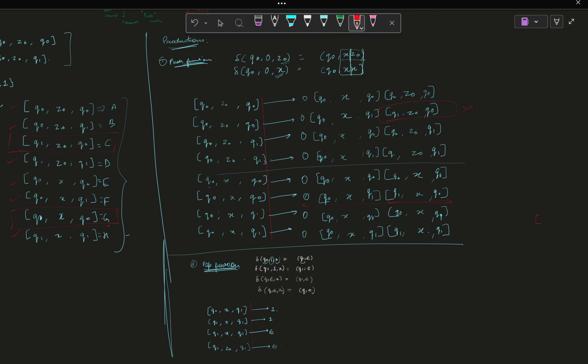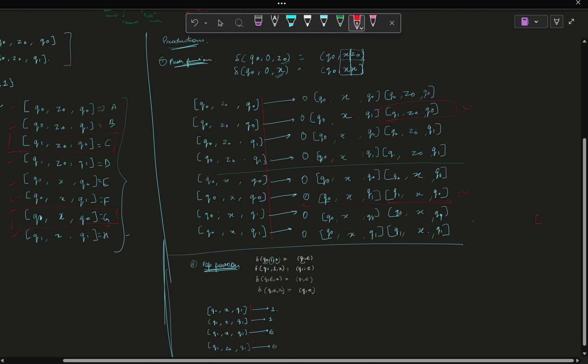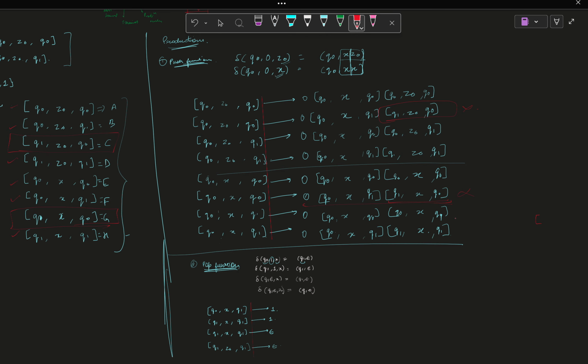Q1 X Q naught is present here. This is a wrong one, so this is also considered not right, and this is useless as well. So we have finally come to the conclusion that these two symbols are useless.